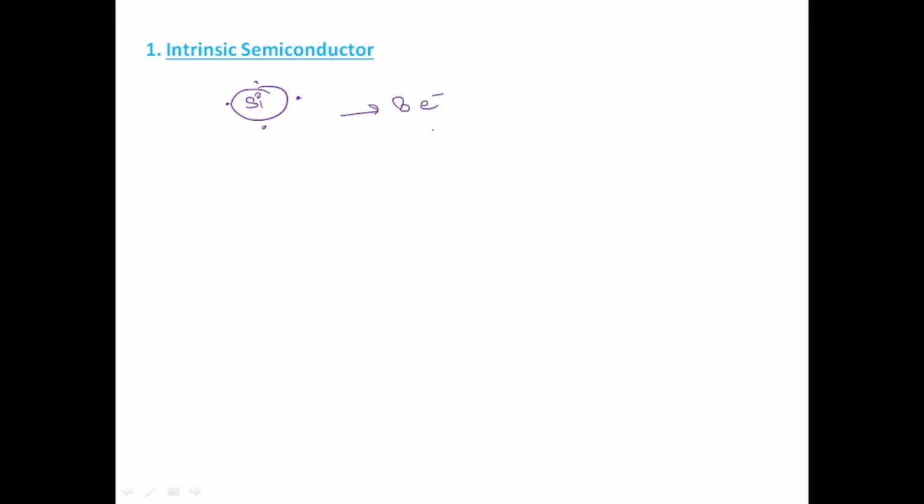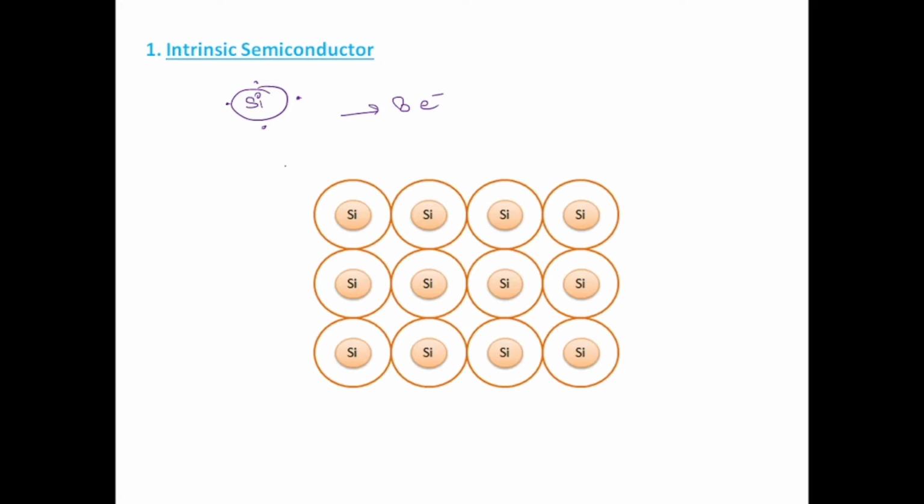So in order to attain that stability, each silicon atom, suppose we talk about this silicon, has 4 electrons, and it is bonded with other silicon atoms on all 4 sides. From each neighboring silicon it takes an electron, completes its outermost shell and stabilizes it. Similarly, this silicon also completes its outermost shell.